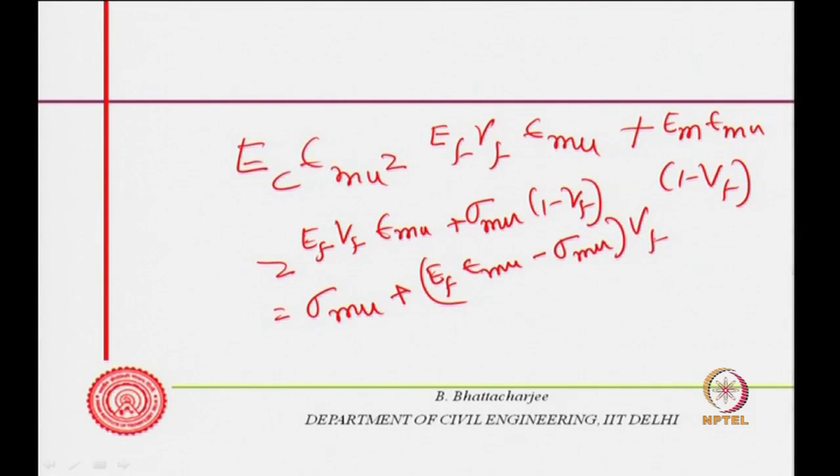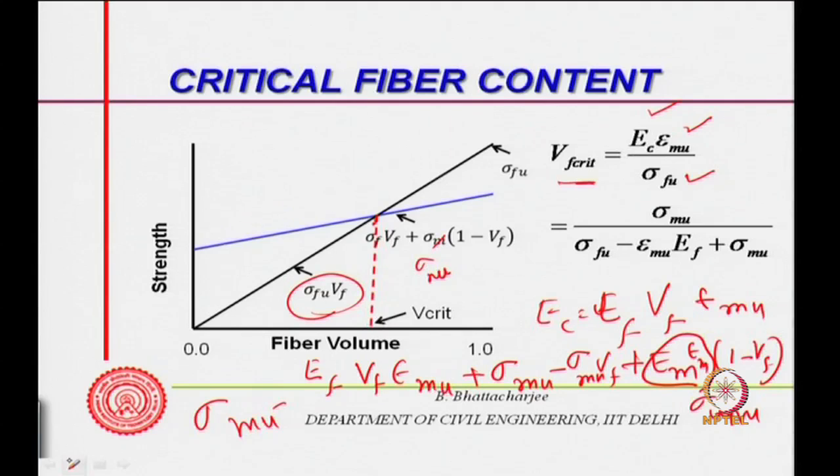So, that is what it would be, and if I divide this by sigma fu, now sigma f can be related to sigma fu. So, V f crit will be this divided by epsilon mu.